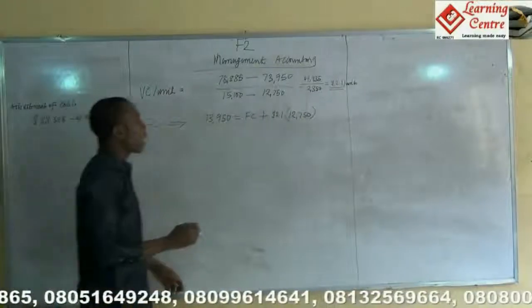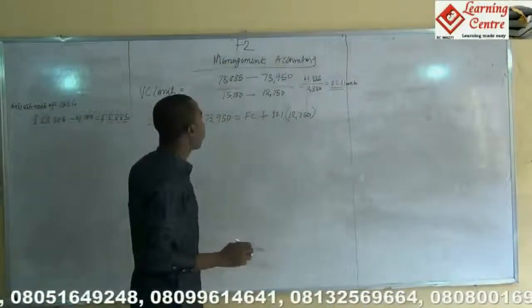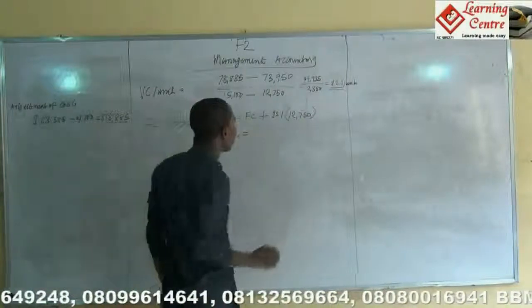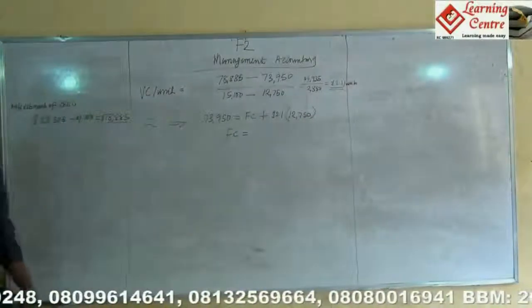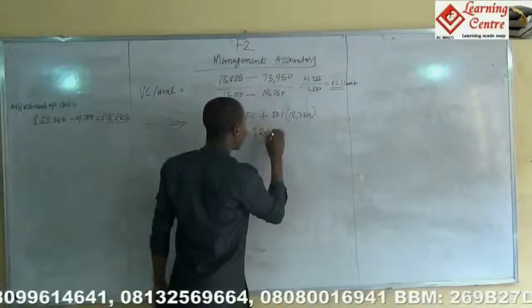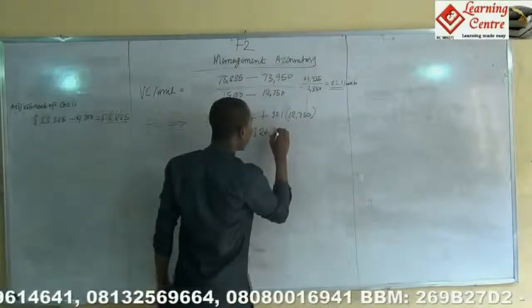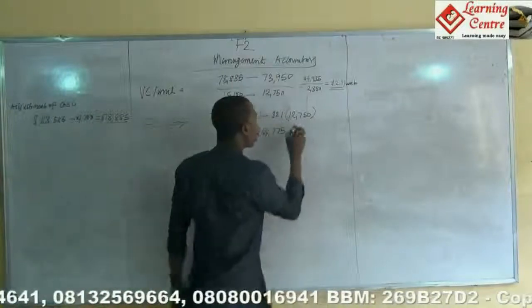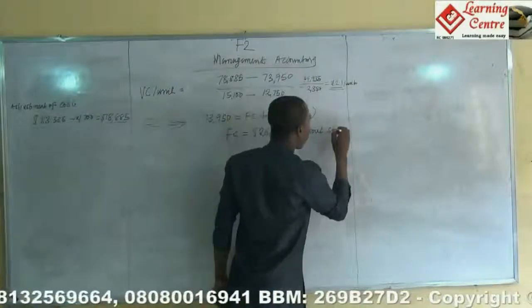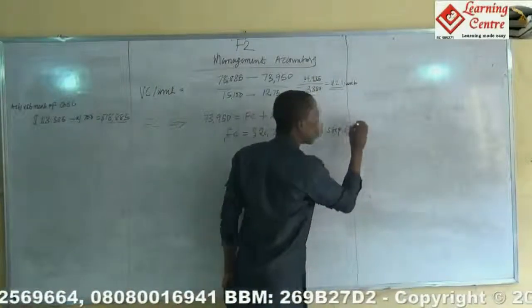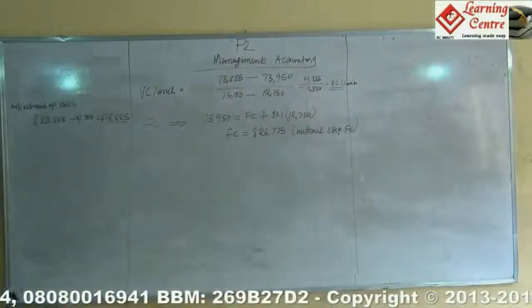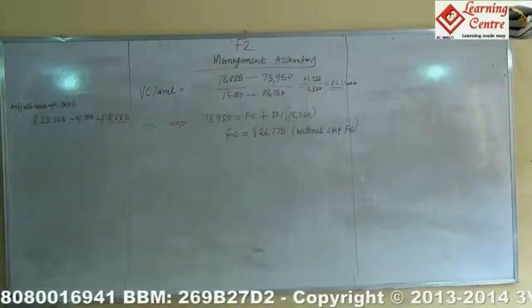So by the time I make FC the subject of the formula, my fixed cost will equal what? 26,775? No, this is without step fixed cost. Please, do we understand it? Yes. This is a fixed cost without step up.